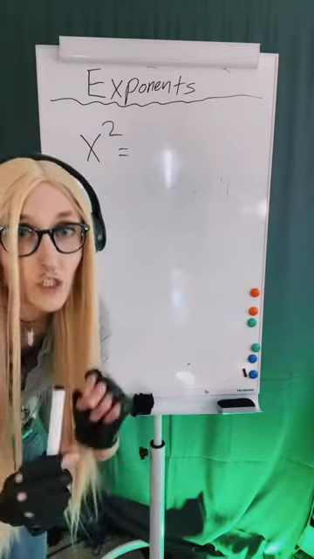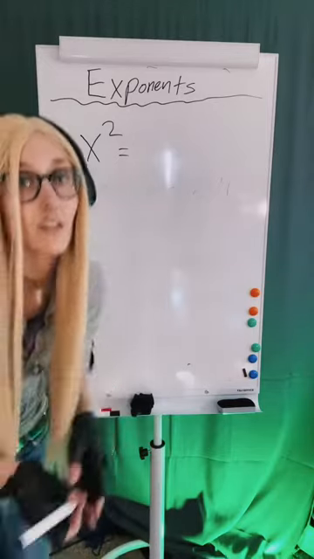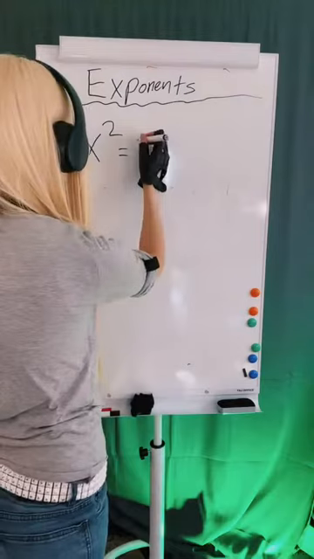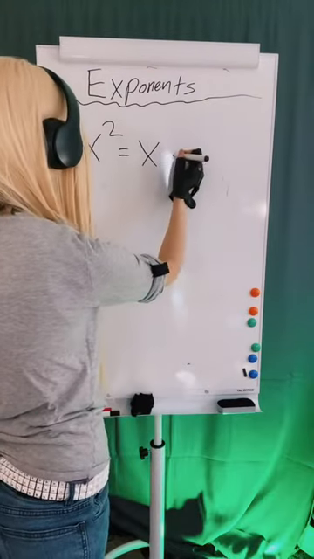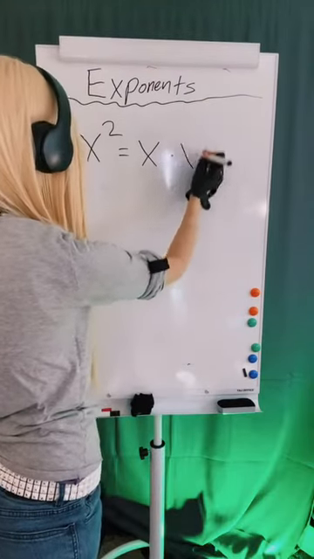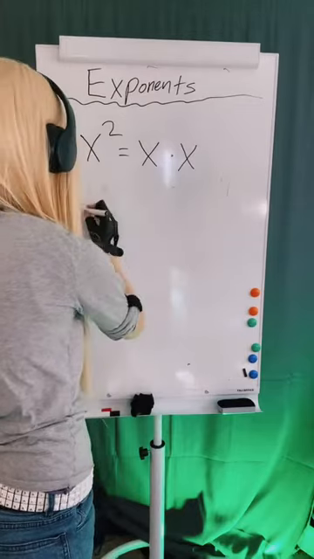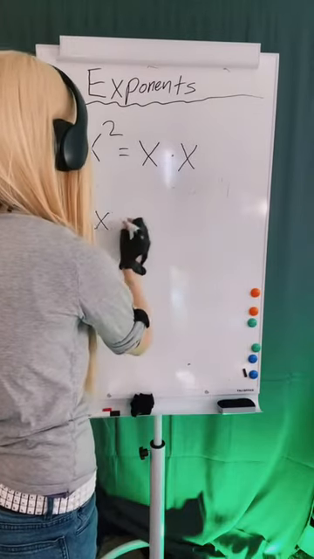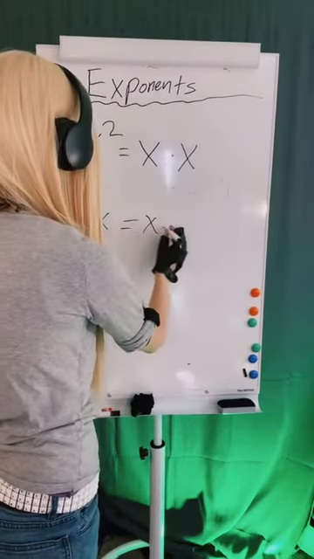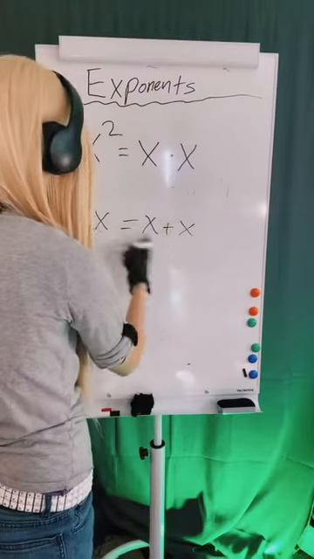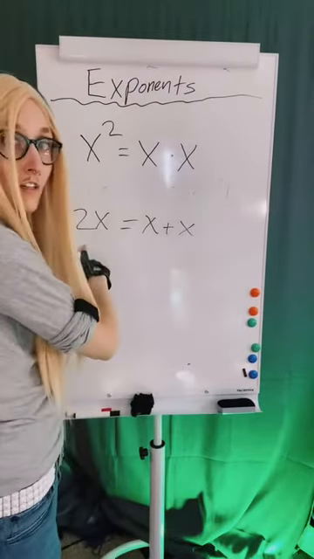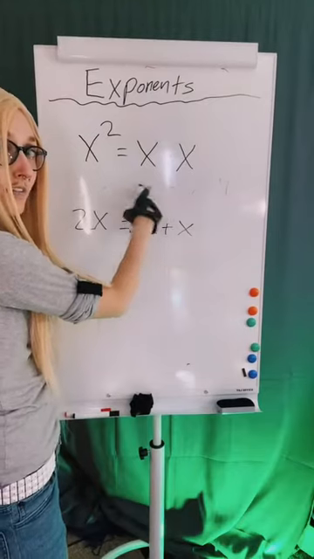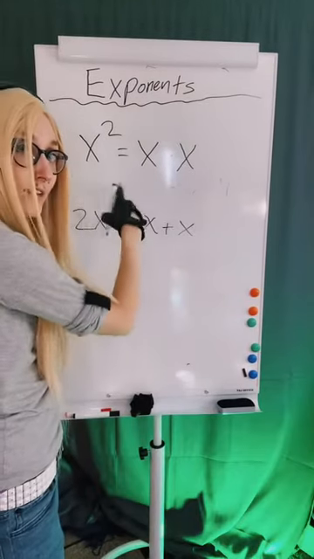It's not going to be 2x. That's very different. It's going to be x times x. So I saw some people say 2x, but remember 2x was x plus x. That's how we got that. When we're multiplying, that's how we get the exponent.